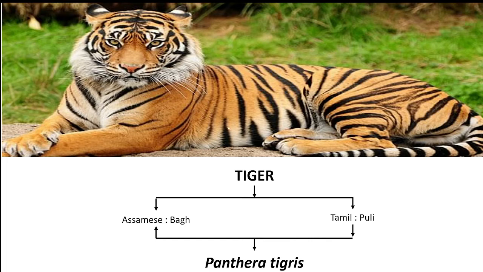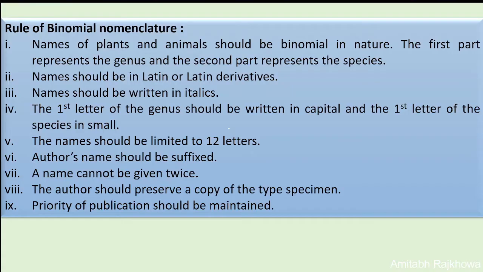Both in Assam and in Tamil, Panthera tigris is applicable. So this is the benefit of the scientific name. There are some rules which are followed while naming an organism. These are the rules of nomenclature.